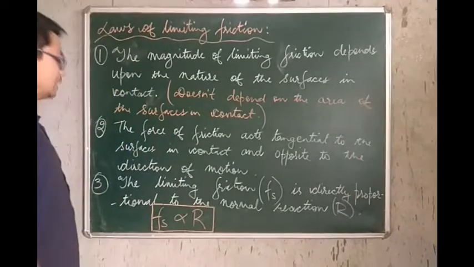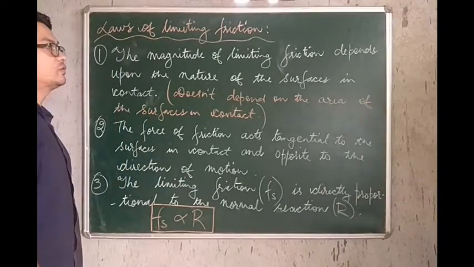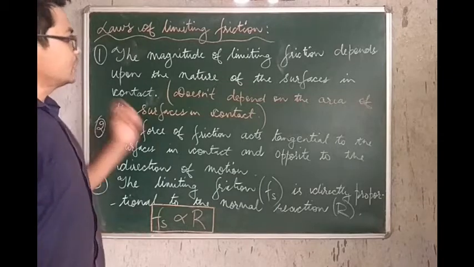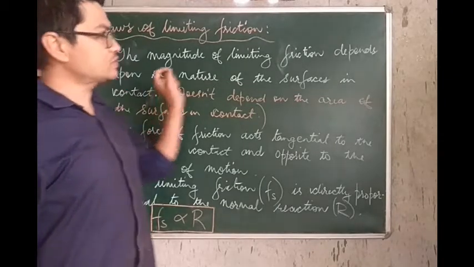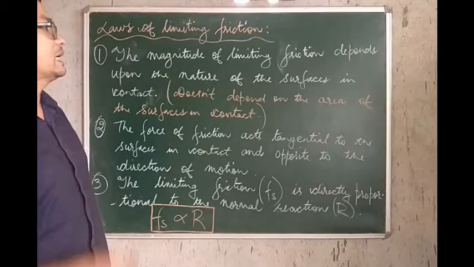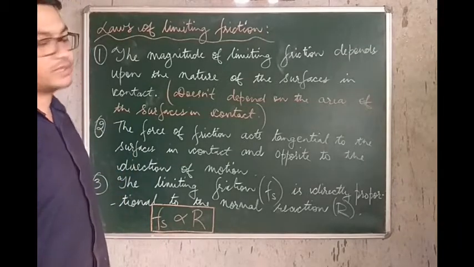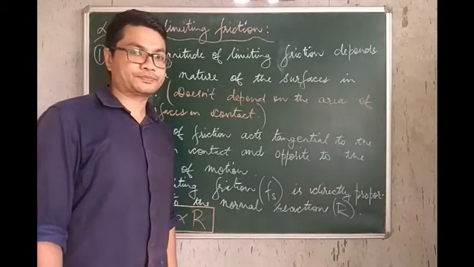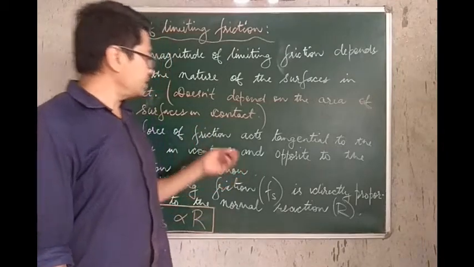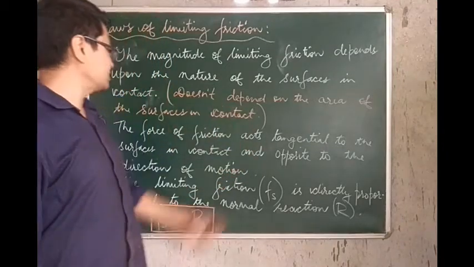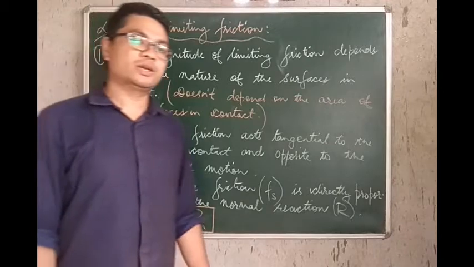So let us give a look at the three laws of limiting friction. The first one says the magnitude of the limiting friction depends upon the nature of the surfaces in contact. And it further says it does not depend on the area of the surfaces in contact.